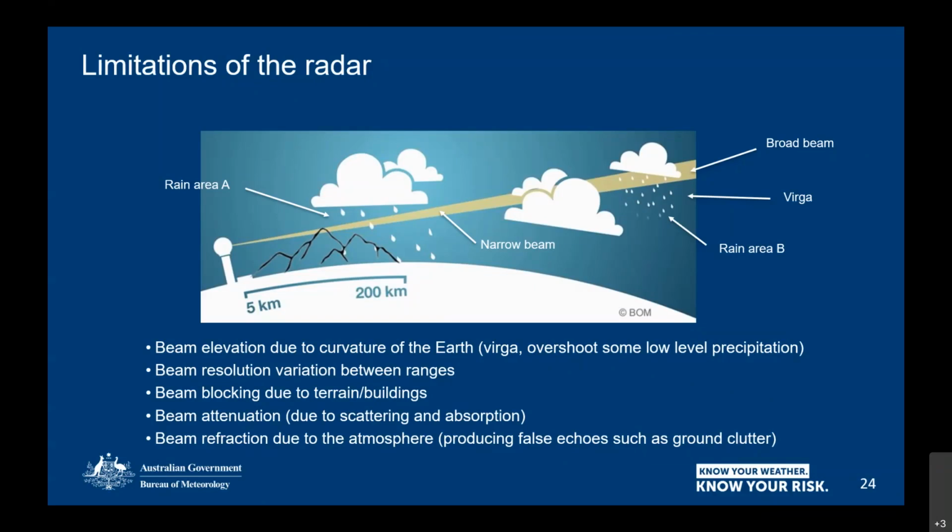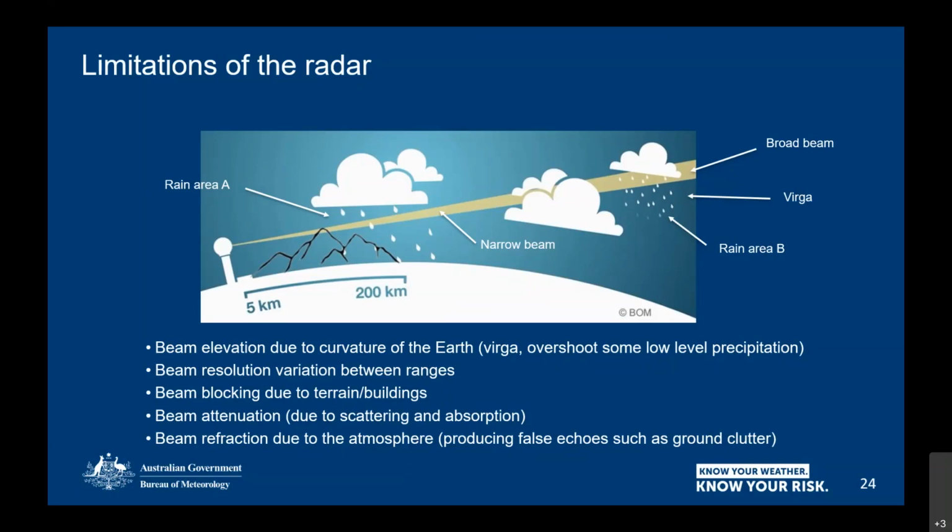Now, there's also another issue, as again we've already discussed a little bit, which is attenuation. So as a beam travels through one area of rain, some of that energy is going to be lost. So when that energy does finally reach that second area of rain, so rain area B, for example, there is actually less energy already.